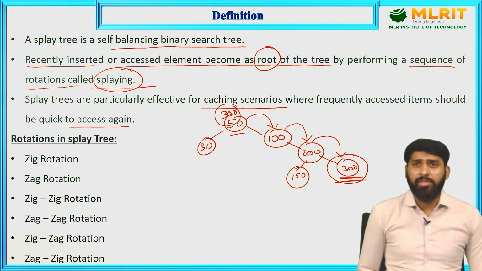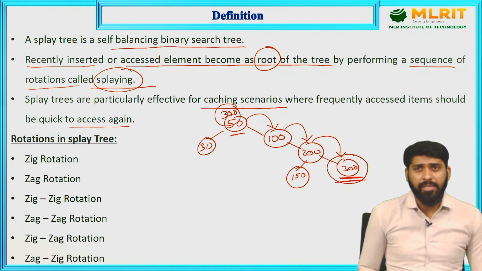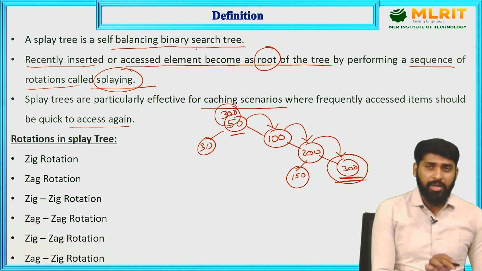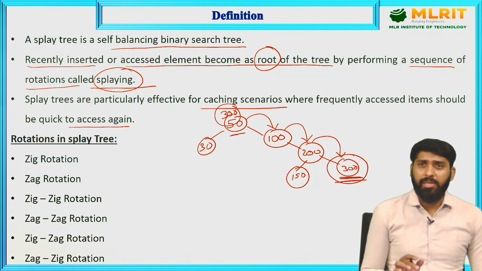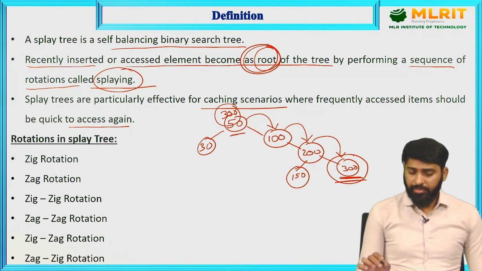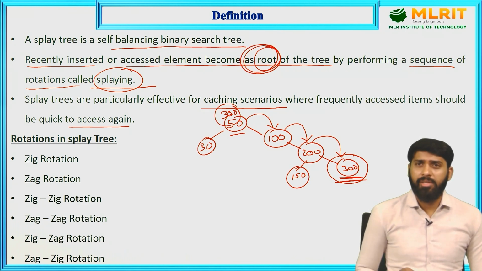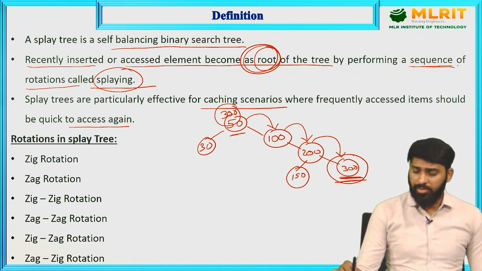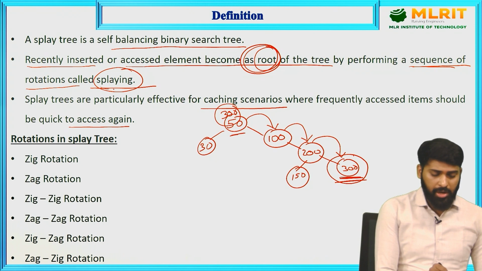So what is the definition? A splay tree is a self-balancing binary search tree. The splay tree property is that the newly inserted data or recently accessed data always becomes the root. Now, how do we make the recently accessed element the root? By using a sequence of rotations called splaying.